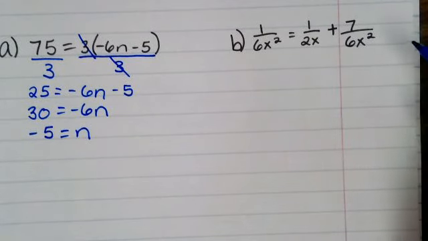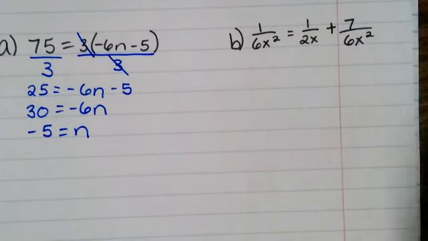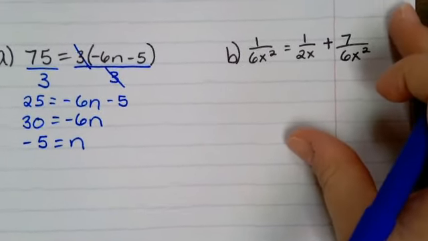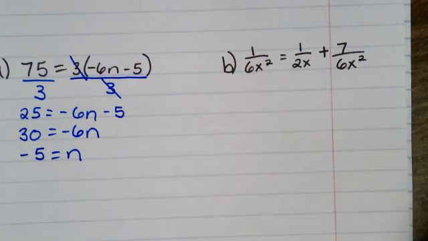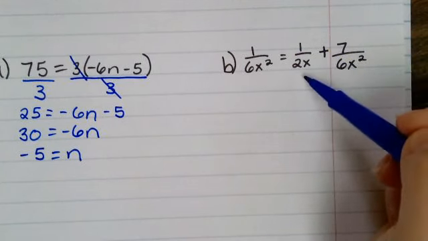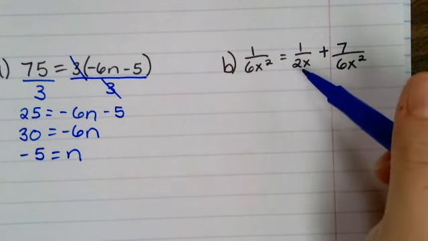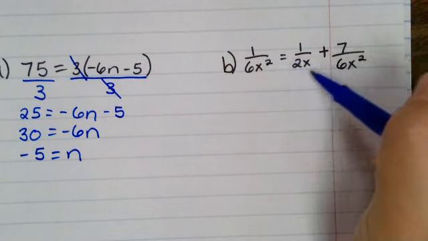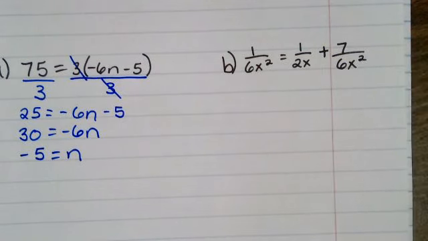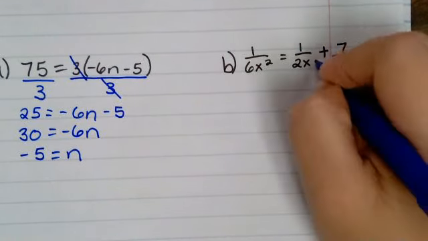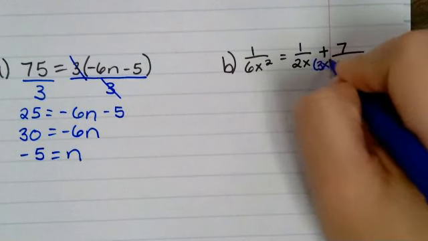So you've got to think back to 4th grade when you were dealing with fractions and how to get equivalent fractions. And to get equivalent fractions, you just have to multiply the top and the bottom of your fraction by the same value. We need to decide what that's going to be. So if I want this denominator to be 6x squared, I'm going to need to multiply the denominator by 3x.